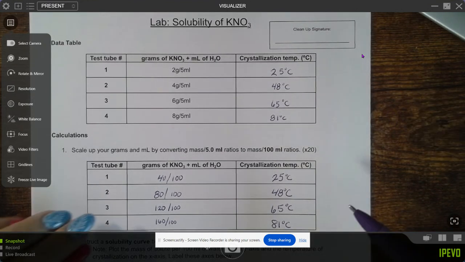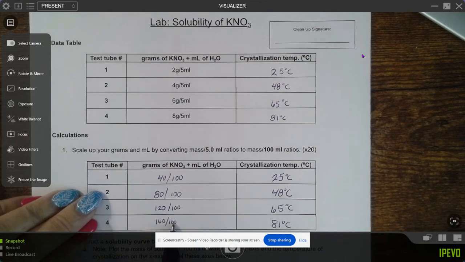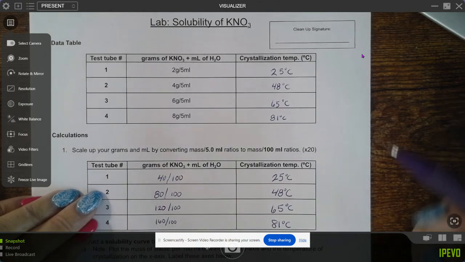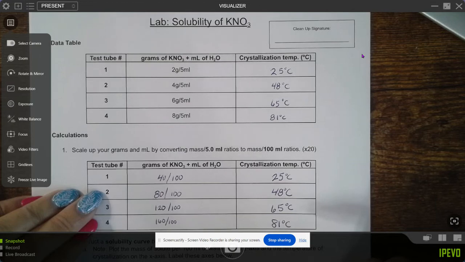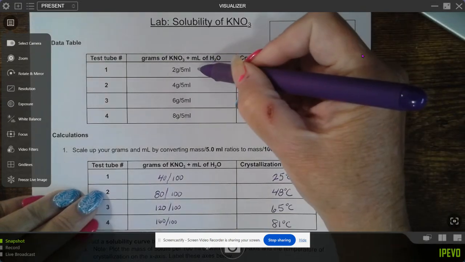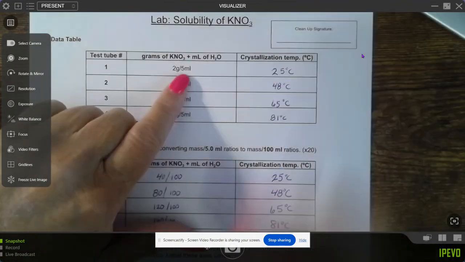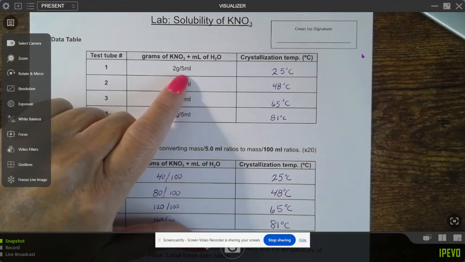To go to this next table, all we're doing is scaling up our numbers. We did this on a relatively small scale, 2 grams in 5 milliliters of water.